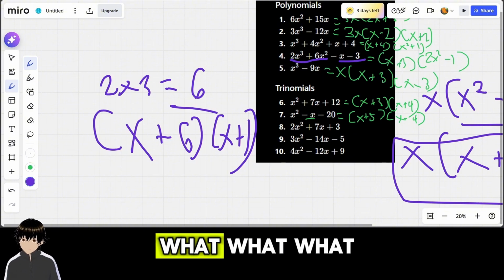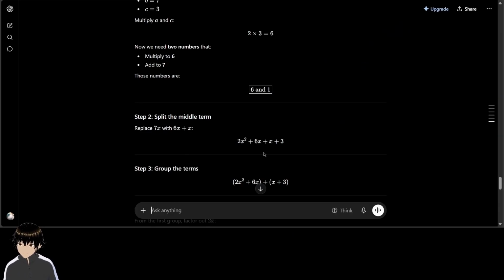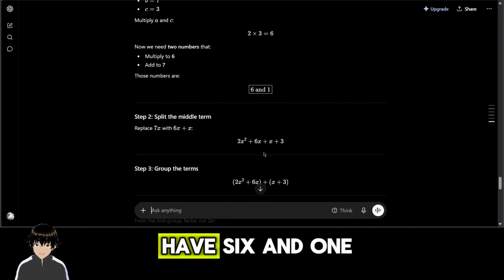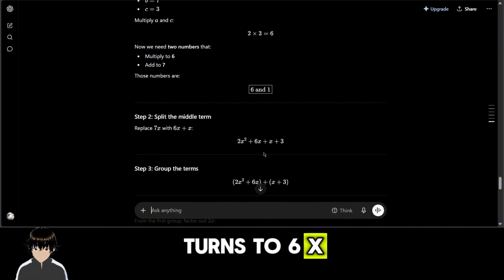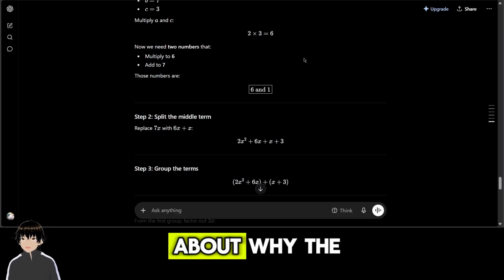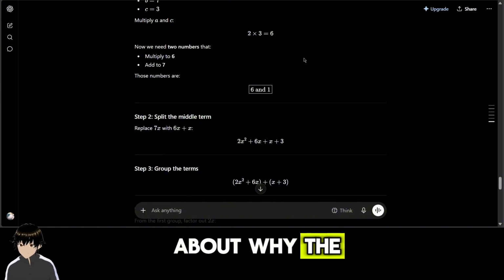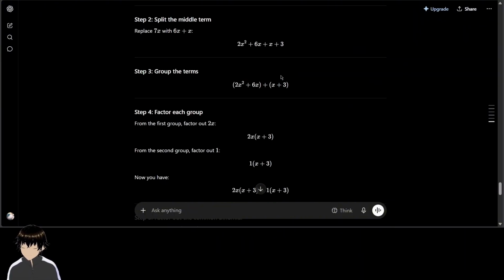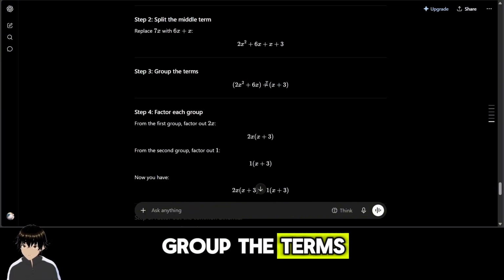What happened there? You have 6 and 1, and it turns to 6x plus x. But what are you talking about? Group the terms.